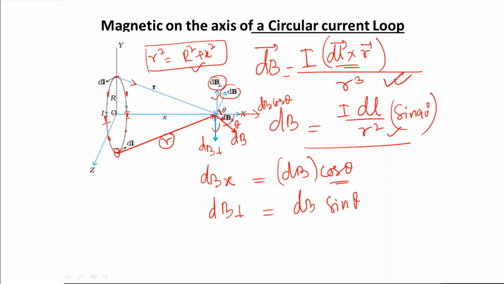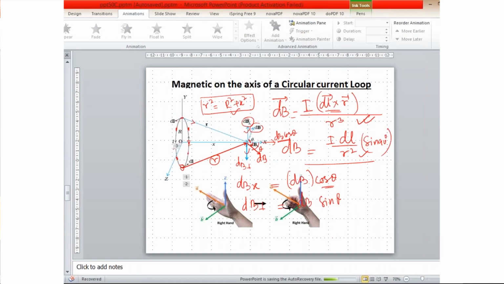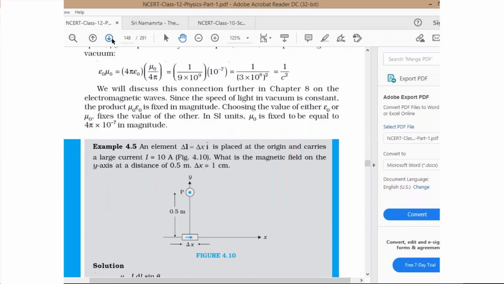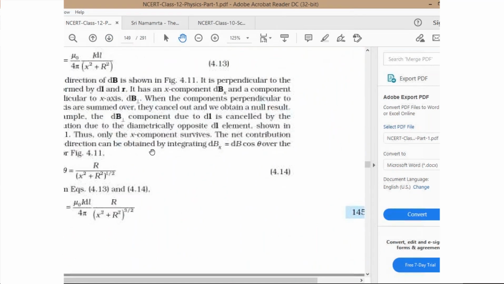What remains is the cos theta component. So I can add these up and get the total magnetic field for all of them. The calculation I'll show you in your book now. So I'll get the cos theta component.